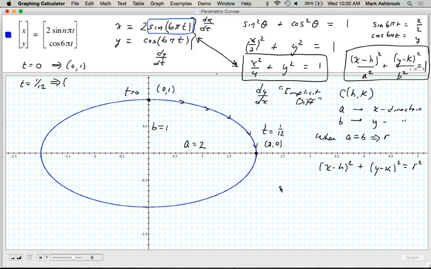Okay, did anyone approach it a different way? There's another way to figure this out. This is kind of the elementary way. So now we're in calculus, right? So how can we use calculus to do this?